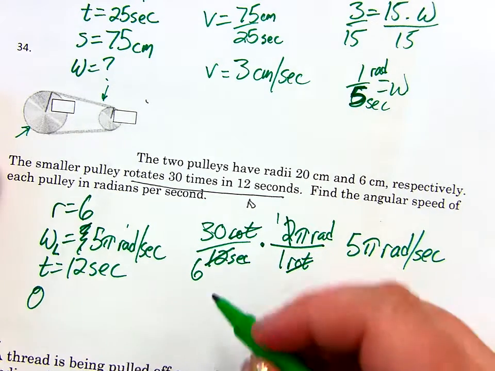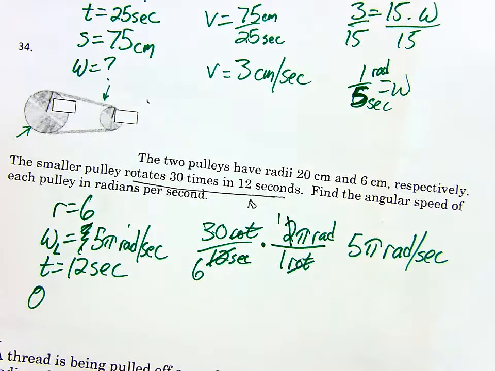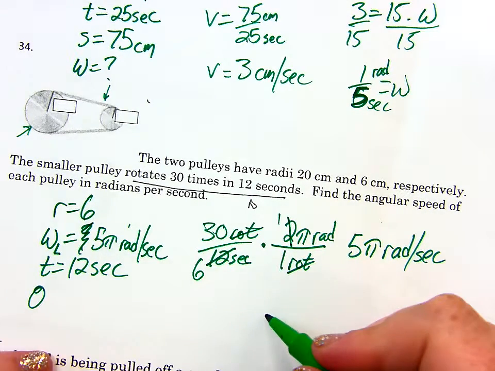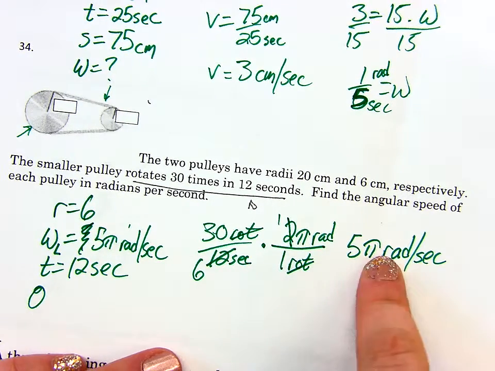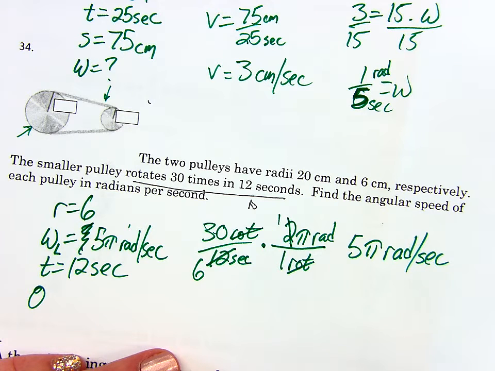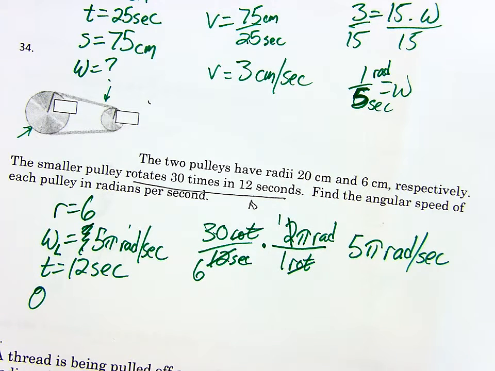The speed, exactly. So I need to figure out what the linear speed of the belt is. In order to find the angular speed of the big one, the consistency between them is the linear speed of the belt. So that's what ties them together.